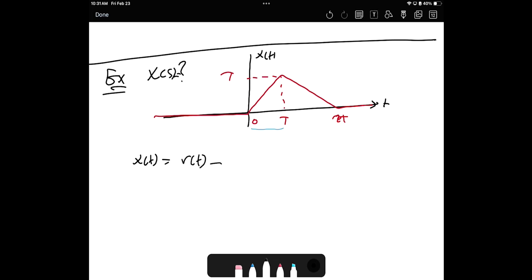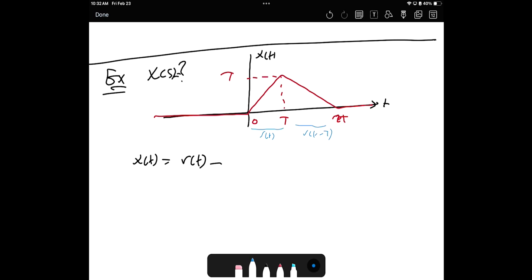Then between T and 2T, it is r of t minus uppercase T. But the slope goes from 1 to negative 1.